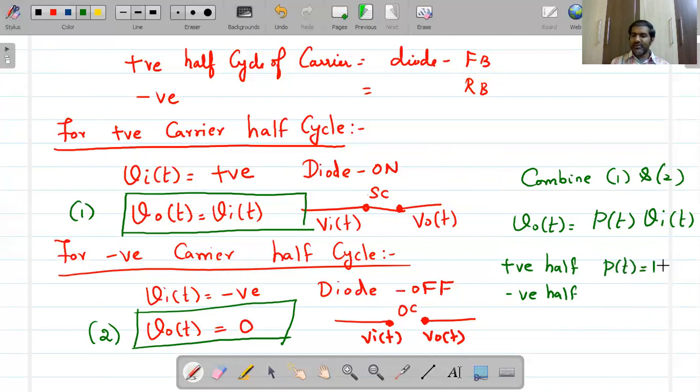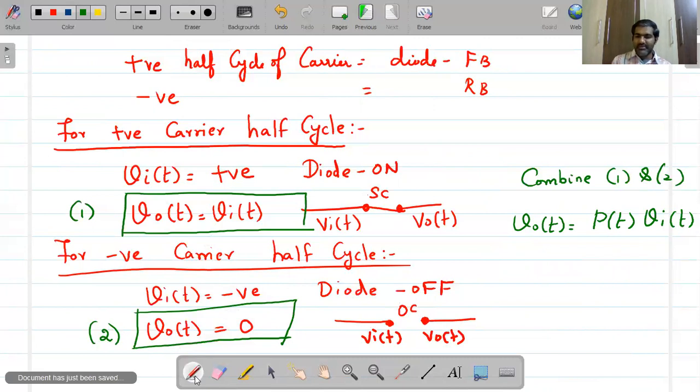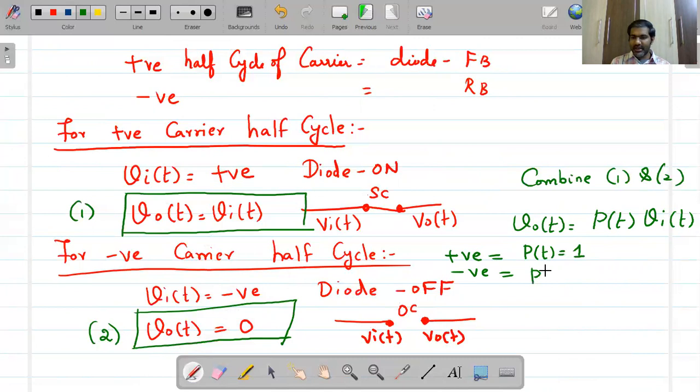During the positive half cycle, P of t is equal to 1. During the negative half cycle, P of t is equal to 0. So if P of t is equal to 1, you have V naught of t equal to VA of t, and if P of t is equal to 0, you have V naught of t equal to 0. So this is an important equation.